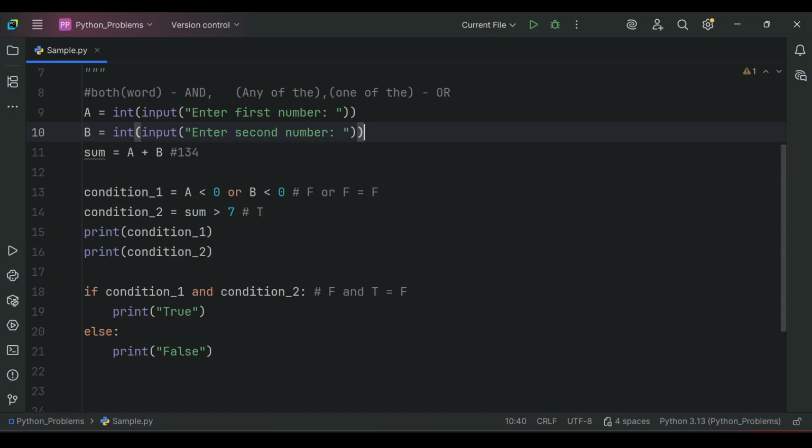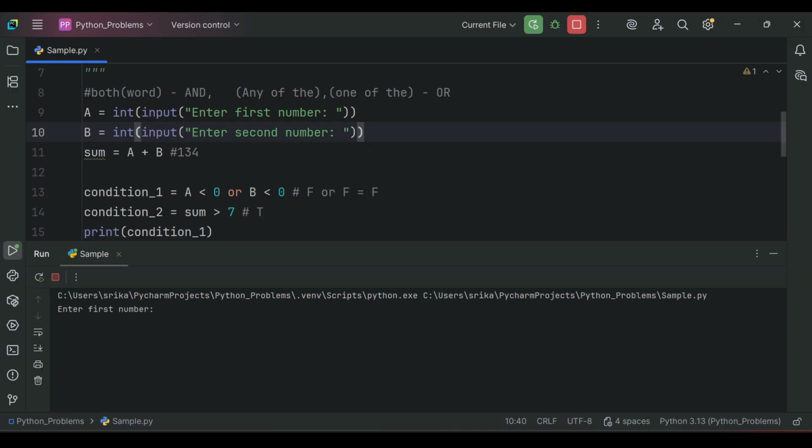Now see the output. Here for the first number I am giving a negative number and the second number I am giving 6. Now in the output, condition 1 is true and condition 2 is false. Then true and false becomes false.